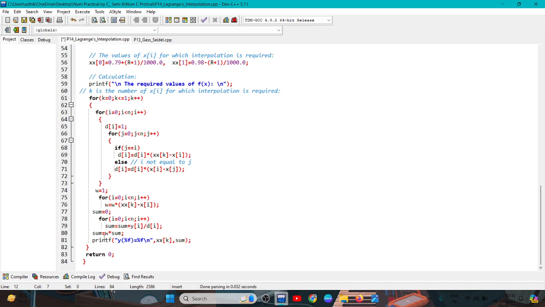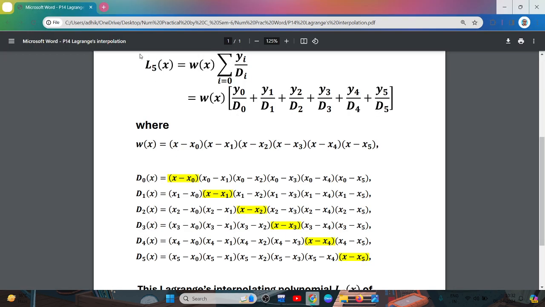Next, sum equals w into sum. This w means x minus x0, x minus x1, x minus x2, and so on up to x minus x5. So w into sum is w multiplied by the terms within the square brackets, y0 by d0 plus y1 by d1, and all these terms. So finally you will get the Lagrange's interpolating polynomial L5(x) here.